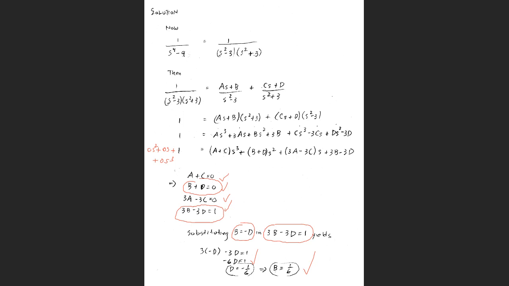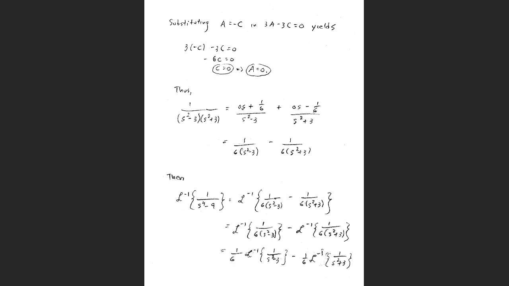Well, now we have to solve for C and D. So the first equation is A plus C equals 0. I'm going to let C equals negative A, and then substitute that in the third equation. C equals negative A, but A then equals negative C as well.